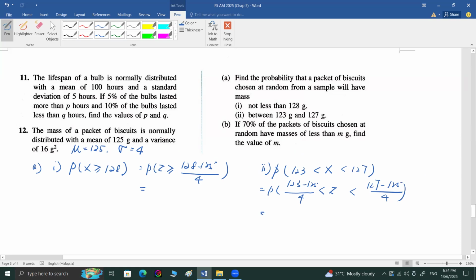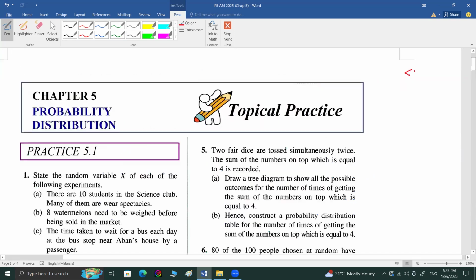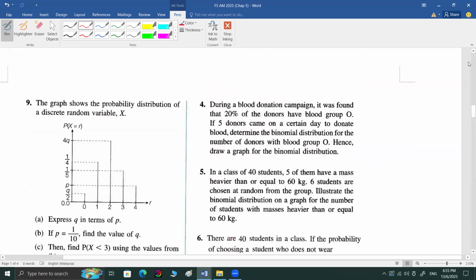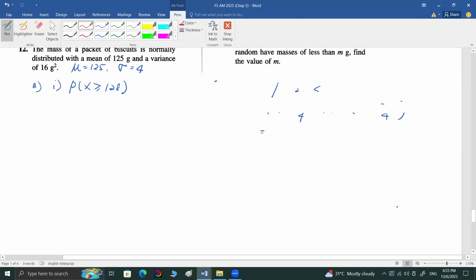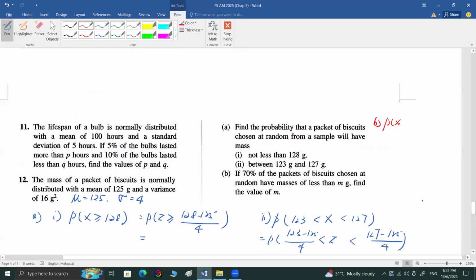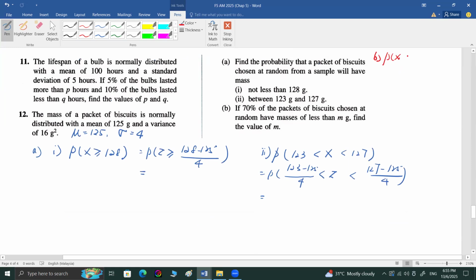Okay, I do the same thing. Try to find and see, class. And for B, I write here to show you. Because B is given probability less than, sorry. B that is less than M. The probability that given is 0.7.